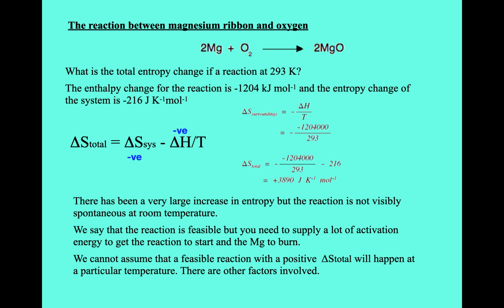Okay. Now we can't assume that a feasible reaction with a positive delta H tot will happen at a particular temperature. There are other factors involved. In this case, we talked about the activation energy to get the reaction to start.